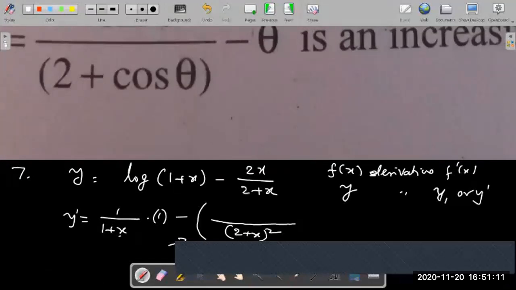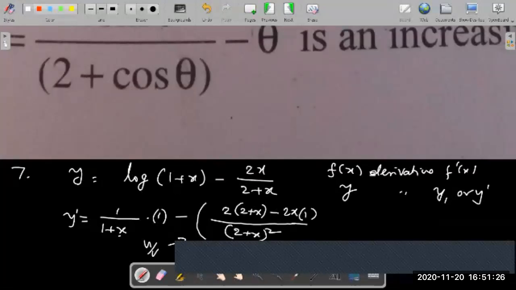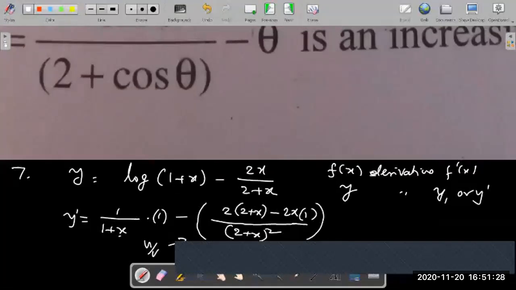I'm just writing the u by v rule. So (2 plus x) whole square: u dash is 2, v is 2 plus x, minus u is 2x, v dash is just 1. So this is what we need to be simplifying.